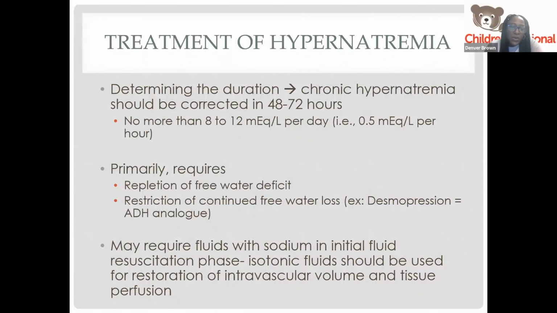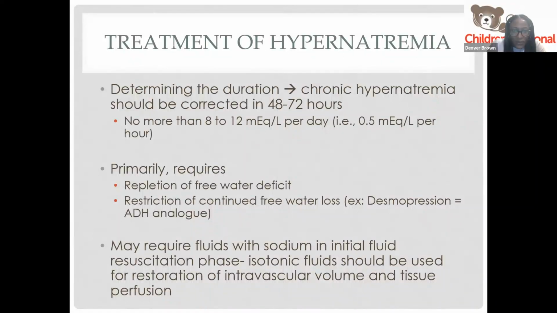It also relies on restriction of continued free water losses. So in our patients with nephrogenic diabetes insipidus or central diabetes insipidus, where they don't make desmopressin, which is the ADH analog, you can give them that exogenously.